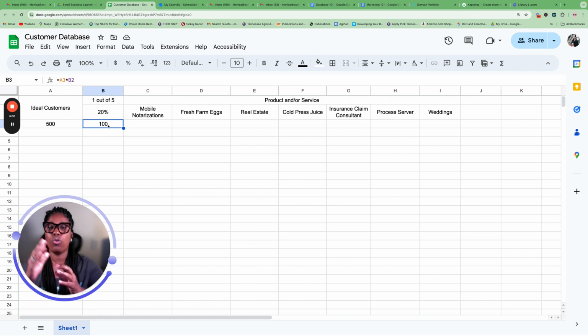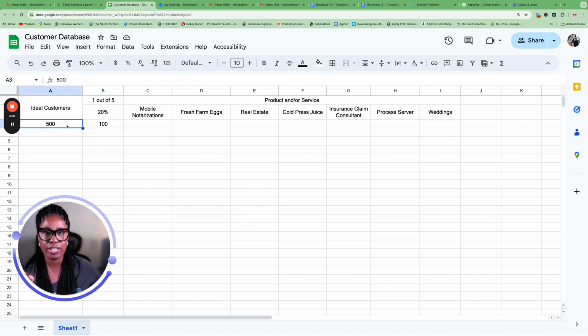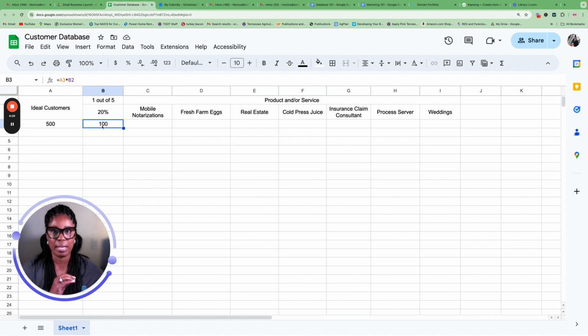That ratio, 1 out of 5, is 20%. So if you've got a database of 500 customers, 1 out of 5 of them, okay, is going to do something, right? So that ratio of 20% means 100 of them is going to do something, right?